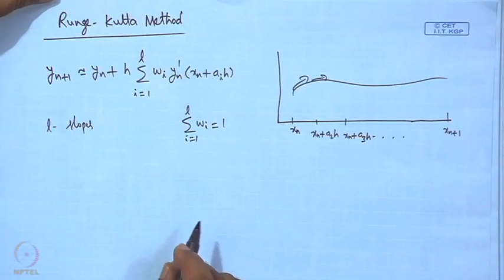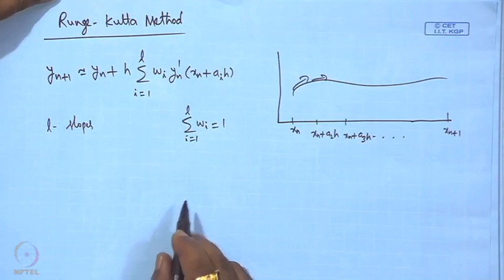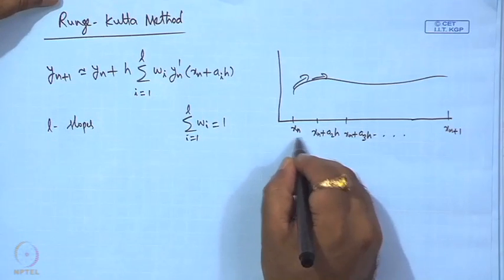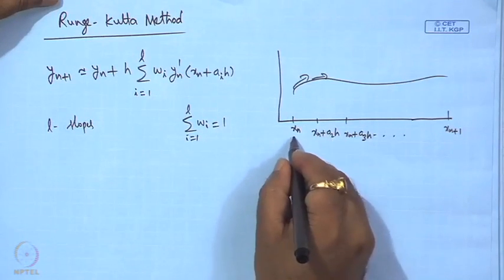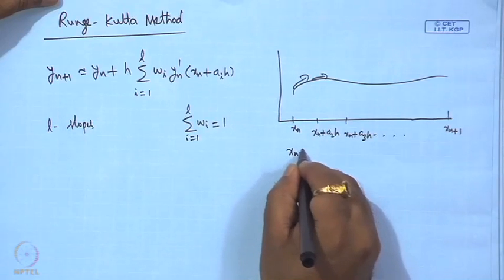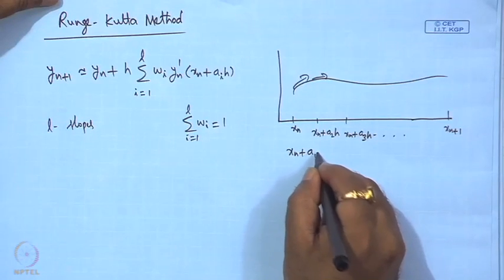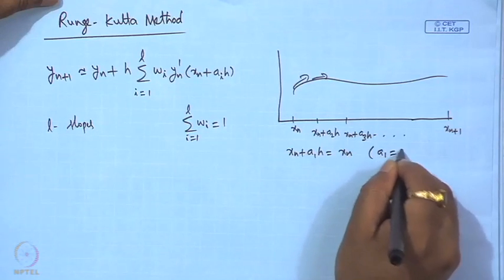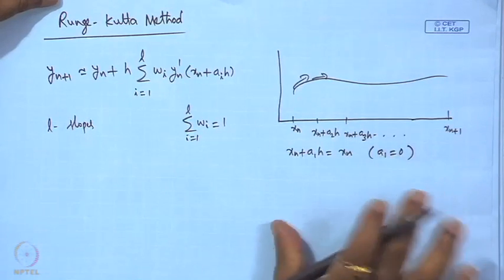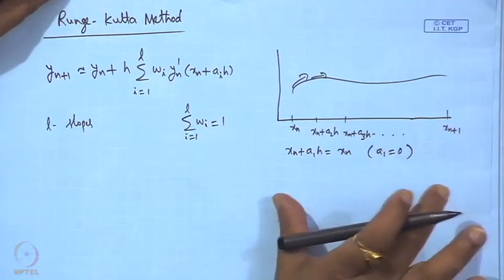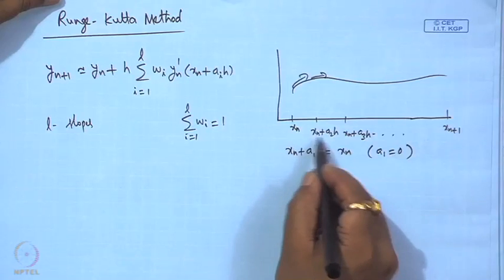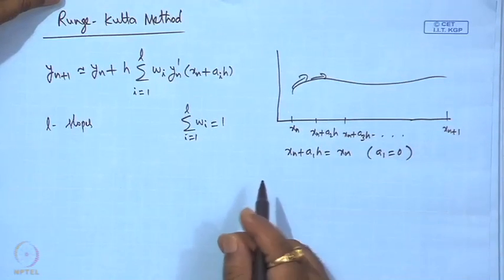Moreover, x n plus a 1 h equals x n, so I have taken a 1 equals 0. This is just a convenience, so that there is a symmetry in the derivation, nothing serious about it. You can take even a 1, a 2, etcetera, there is no harm.